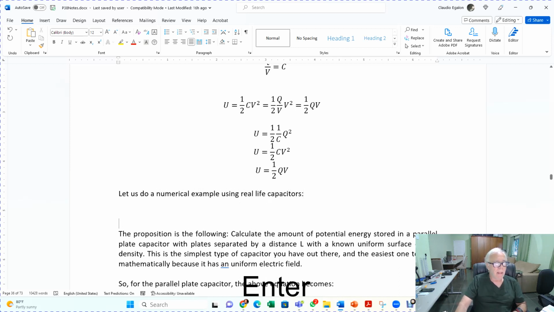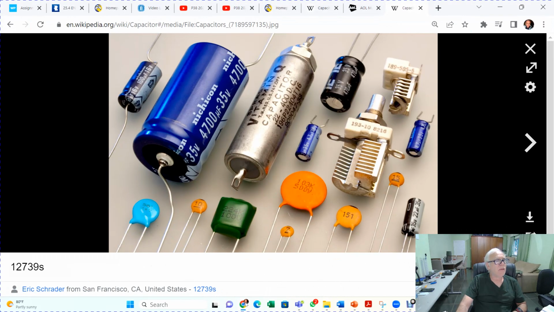Okay. I want to refer you to that site that I showed to you in Wikipedia before. Notice that we have all those bunch of capacitors here. This capacitor here has a capacitance of 100 microfarad with a maximum voltage, by the way, of 16 volts.